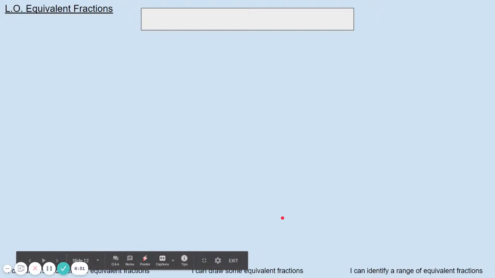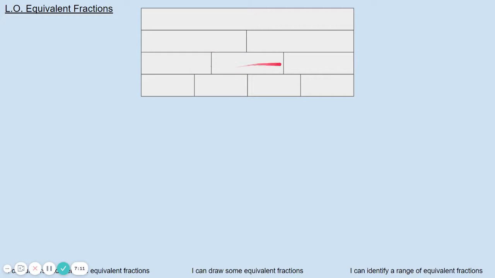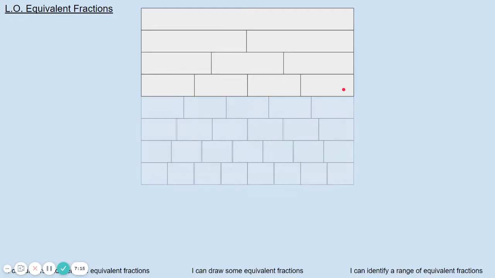Right, here's something that's going to blow your minds even further, but actually this will hopefully be used to help later. So here's a whole. There's one thing, it's a whole. And then in 2 equal parts is a half. Then we've got thirds, 1, 2, 3, 4 fourths.